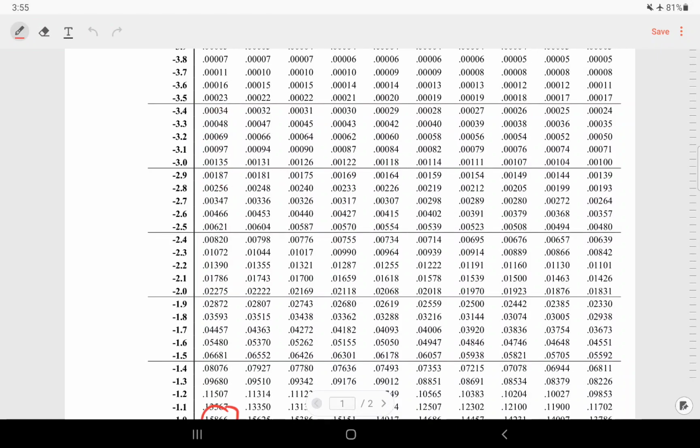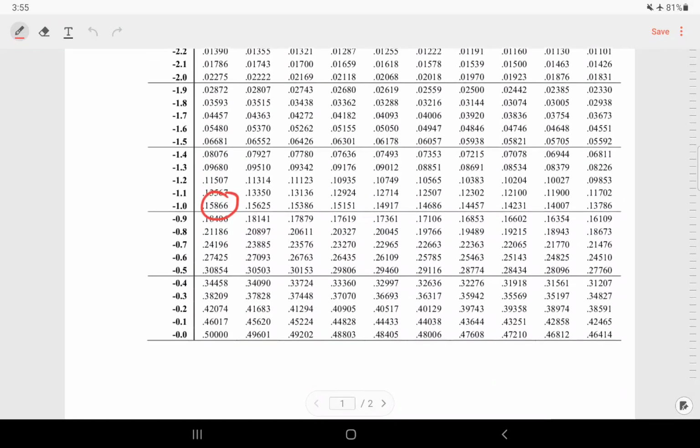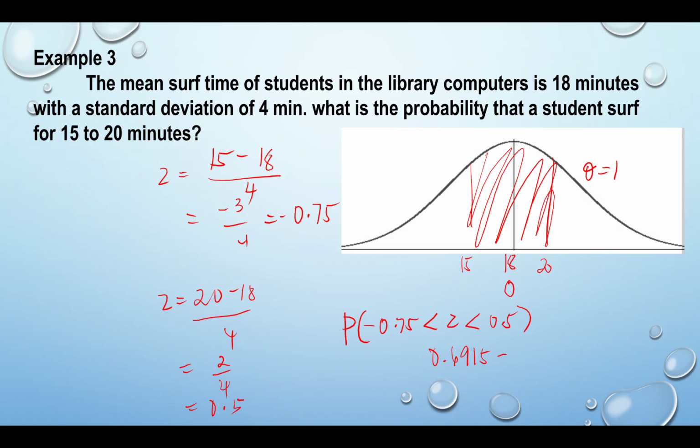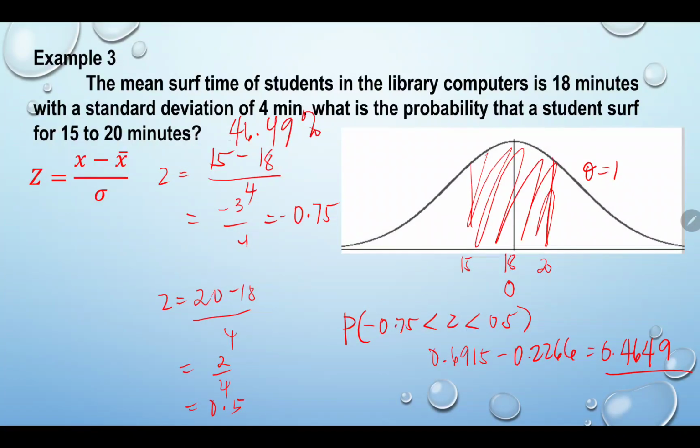Negative 0.7, and then 5. Our 5 is 0, 1, 2, 3, 4, 5. So 2266. We just subtract that. And that will be 0.4649. And so, what is the probability? That is 46.49%.